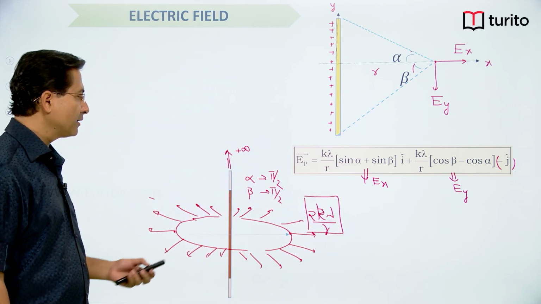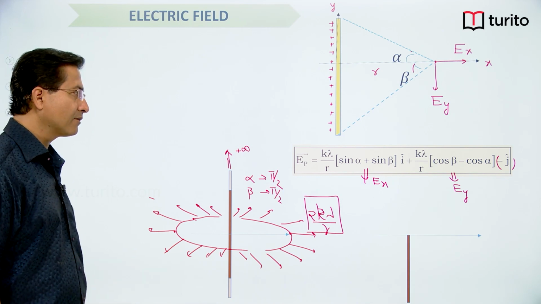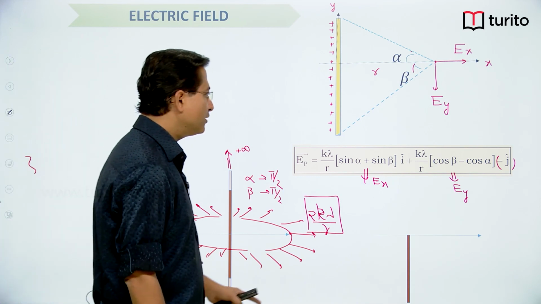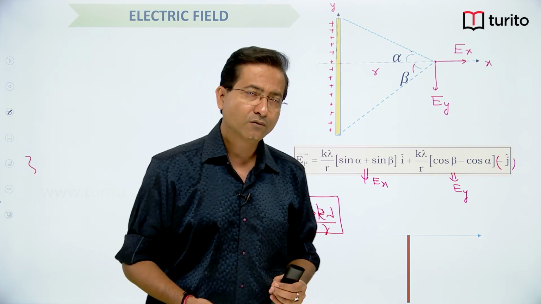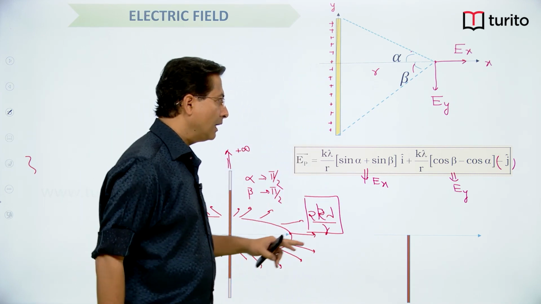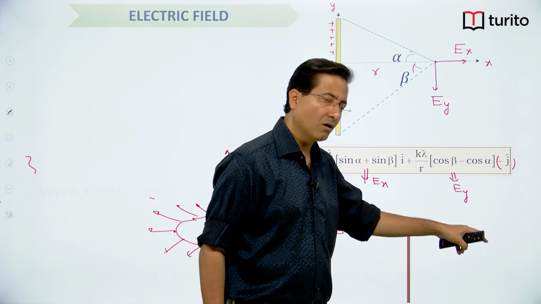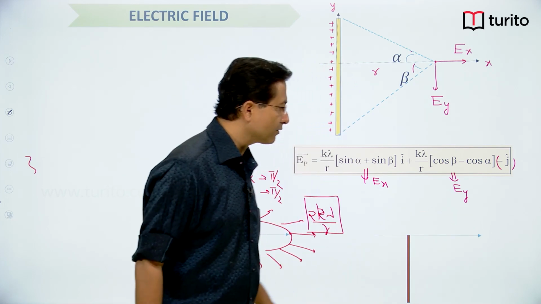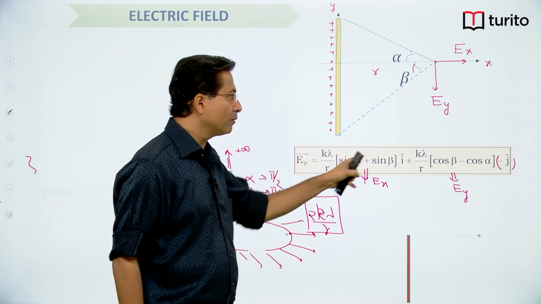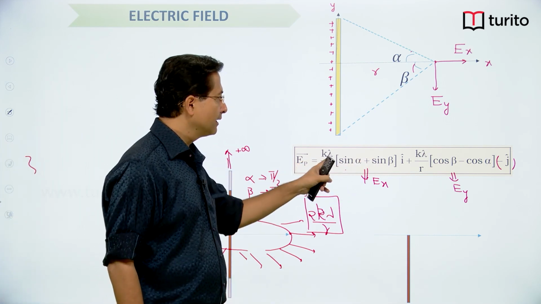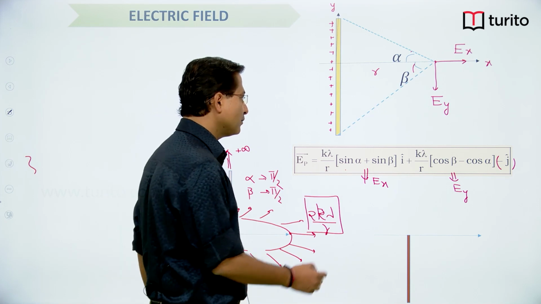Now for a semi-infinite wire, I already told you what the meaning of a semi-infinite wire is. A semi-infinite wire is again an infinite wire where we want to find out the field at the end or near the end of the infinite wire. So you can see again there will be two components, x component and y component.